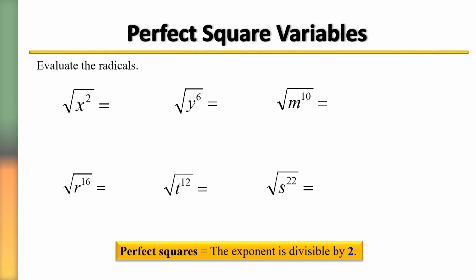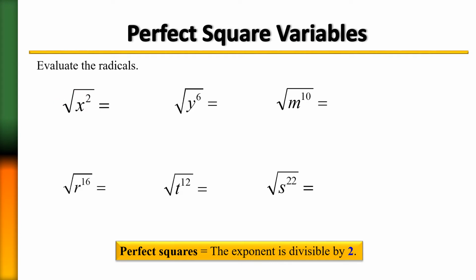You can easily identify a perfect square variable because if the exponent of the variable is divisible by the 2, the index, then it is a perfect square. So in the first example, what's the square root of x squared? Well, the index is 2, and since 2, the exponent of the variable, is divisible by 2, then it is a perfect square.